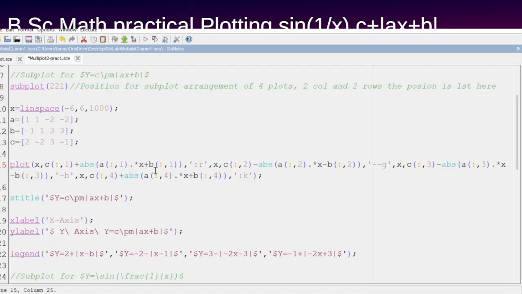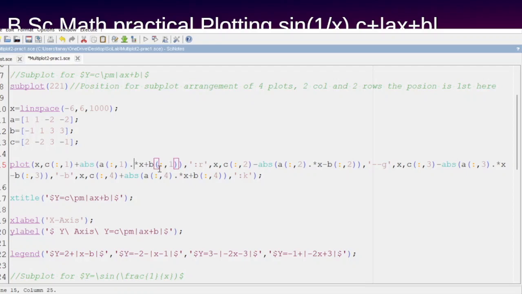X is a matrix, a is a matrix, so I always put dot star. That is how I used to work. But you can always develop your own technique, and in some places that is useful. Sometimes I really have to skip this dot sign also. It depends on the script, on what result you want.